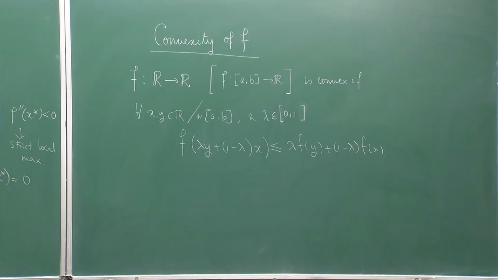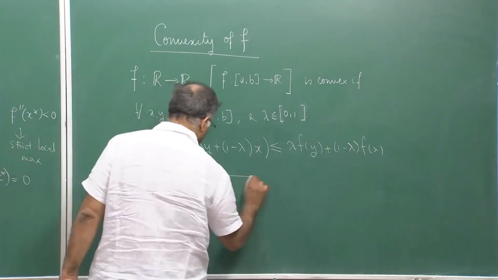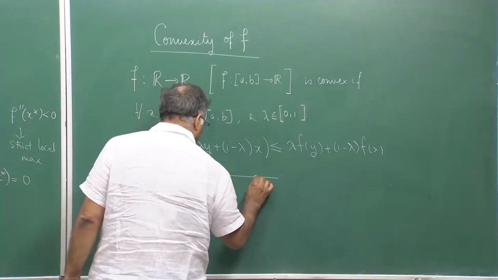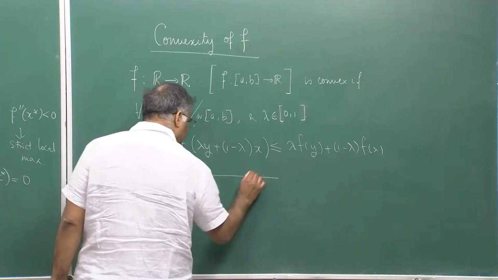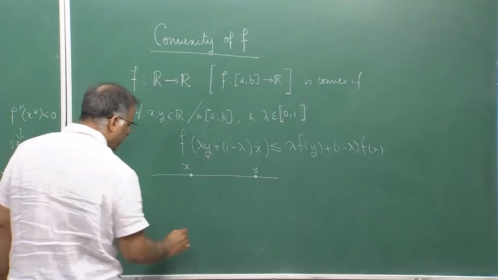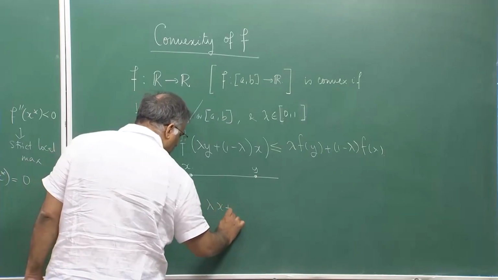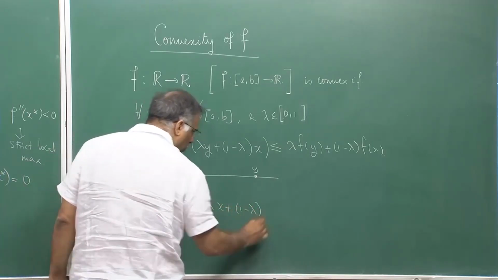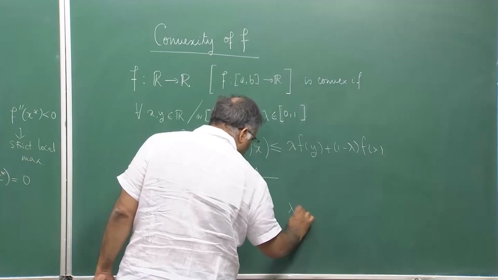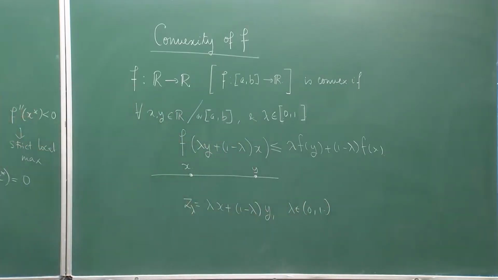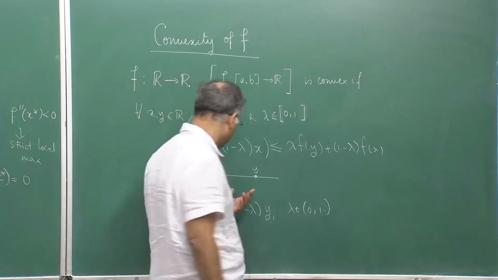So, if you take two real numbers, you must have studied it in coordinate geometry. If I take two real numbers x and y, and if I make this combination z equal to lambda x plus 1 minus lambda y, where lambda is some number between 0 and 1, maybe I should call it z lambda, then what sort of points does z lambda satisfy? Where does z lambda lie?